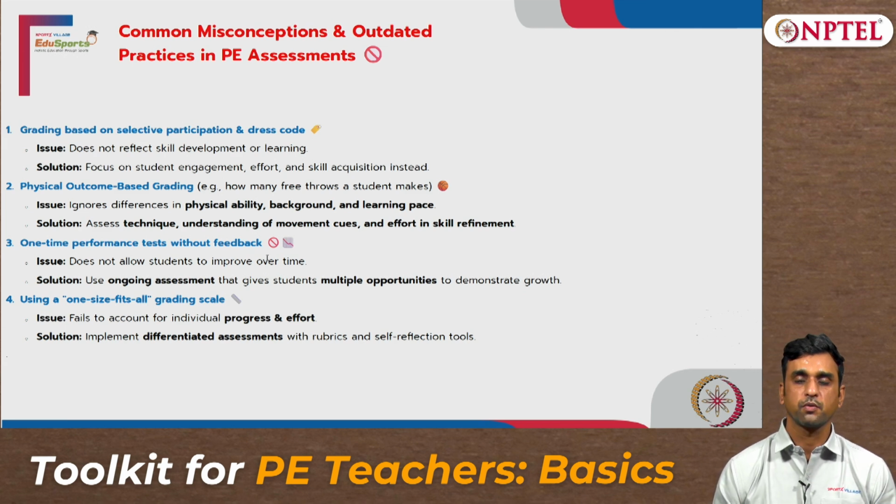So the focus should be more like, although I saw that you were not able to score a point this time, I really liked your elbow position, your head position, your eye position, appreciating their understanding of the technique, and as a result of the process, scores will eventually improve.